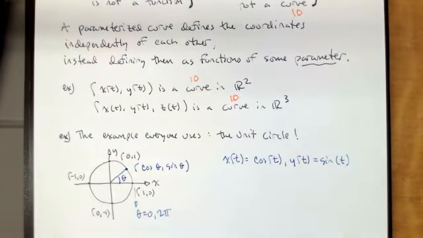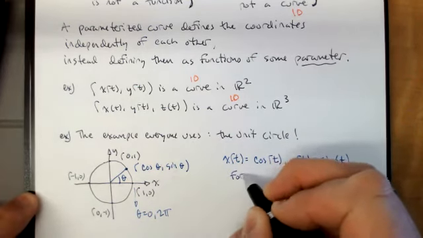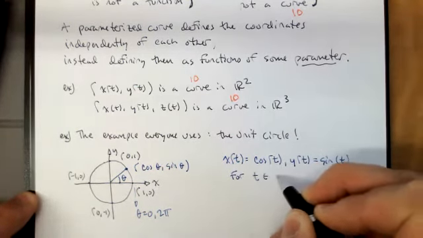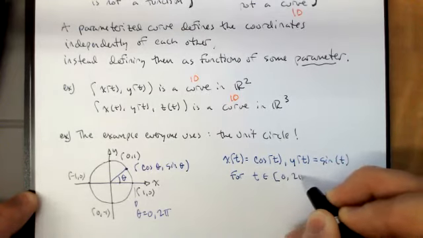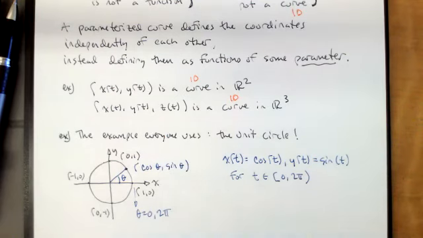And then we should specify what values of t we want people to plug in. Plug in all the t from 0 to 2 pi. There's a parameterization of the unit circle.